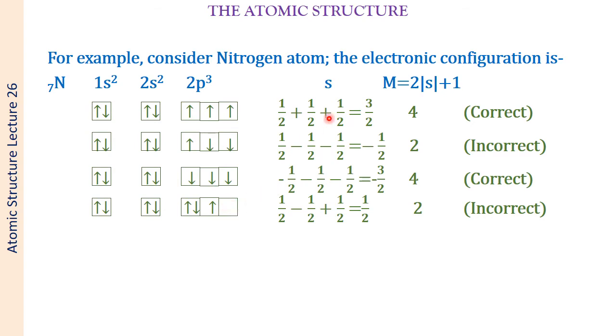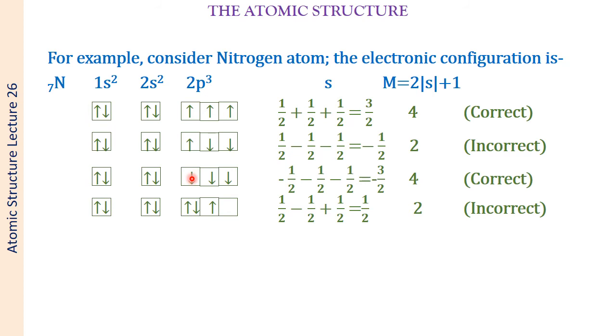So now you see the multiplicity values for them. First we have to calculate the total spin. Total spin for these 2p3 is going to be half plus half plus half. This makes it 3 by 2. Right? And if you calculate the multiplicity value from this formula, you are going to get it as 4. 2 into 3 by 2 plus 1, this comes up to 4.